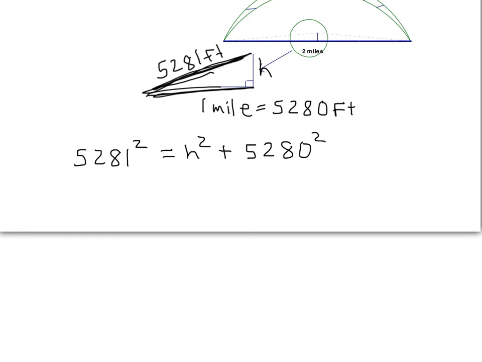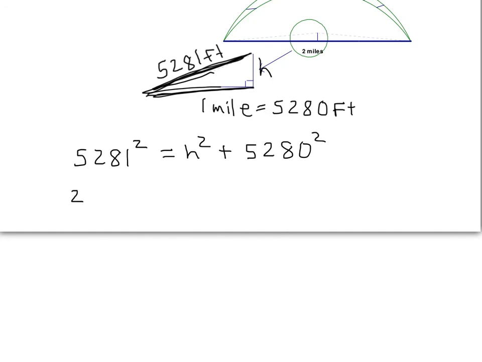5,280 squared feet. Now I want to ask you, how far up do you think that bridge has buckled or been pushed, just by expanding 1 foot over 1 mile on that side? What do you think? We need our calculators. So we have 5,281 squared.